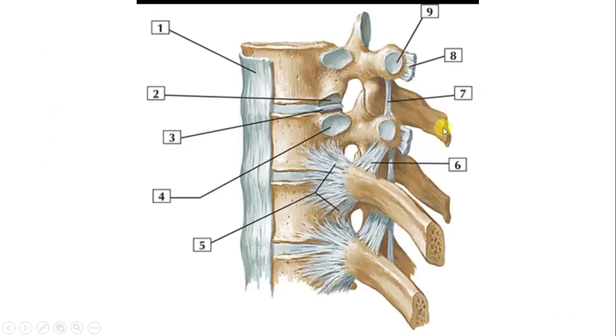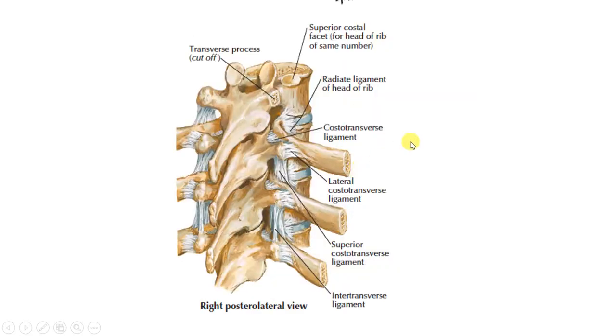Here the ligaments are shown, and you can name them also. In this diagram the names have been shown. Here is the costotransverse ligament at the neck of the rib, also called the radiate ligament. Then the lateral costotransverse ligament, then the superior costotransverse ligament.